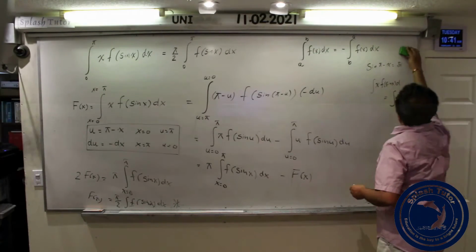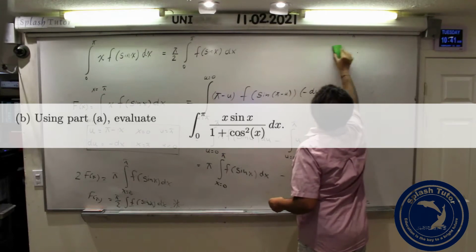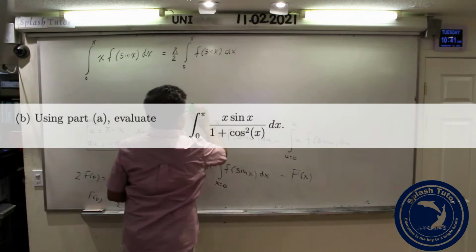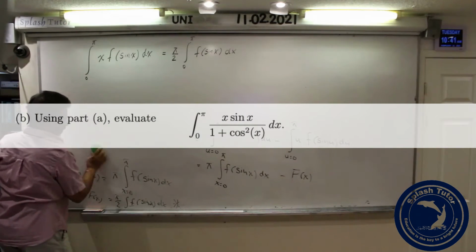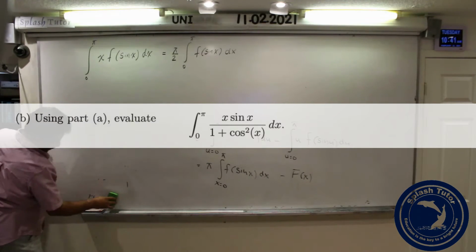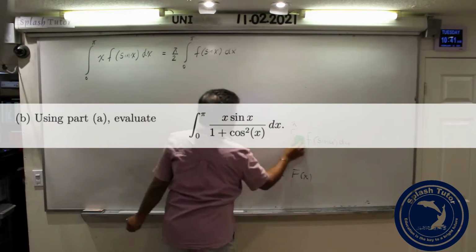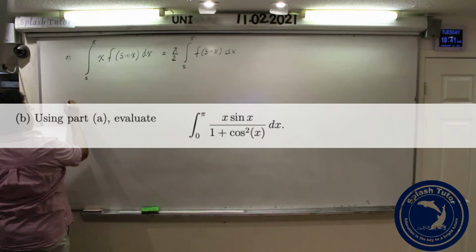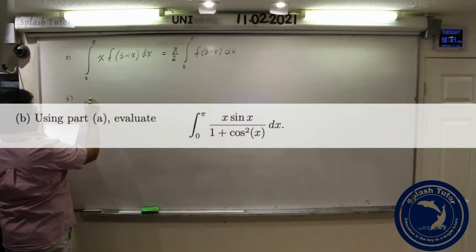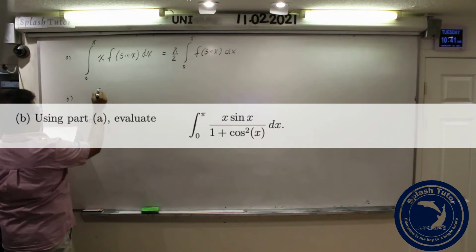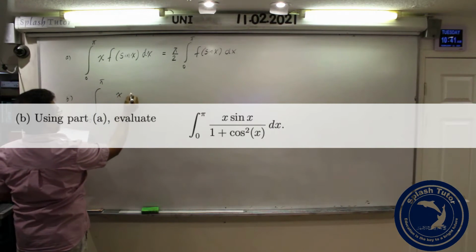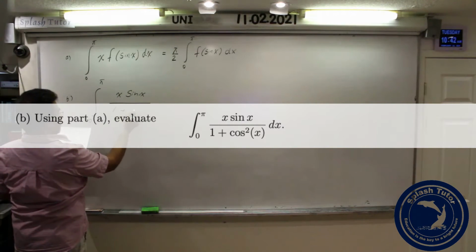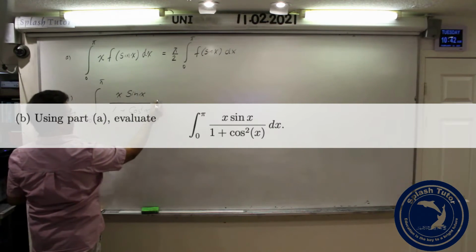Now we are going to do the second part, right? This is part A, now part B. Using that one, we need to integrate from 0 to pi of x sine x over 1 plus cosine squared x dx.